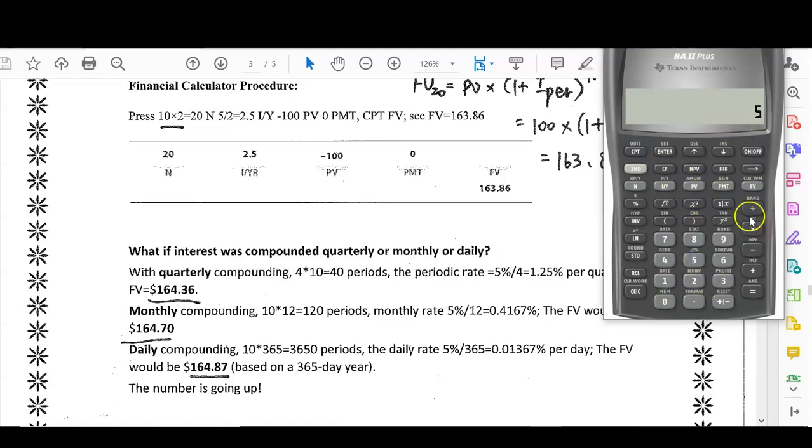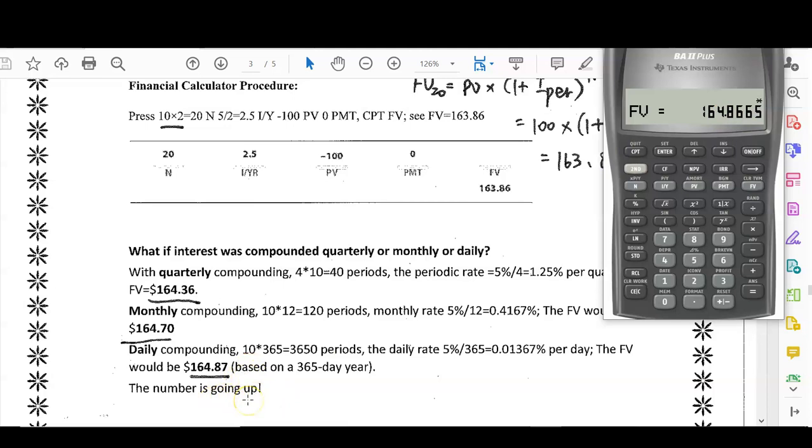Let me try again. It should be 0.0137 as I, and compute for future value, we should have 164.87 as our final money we receive after 10 years.